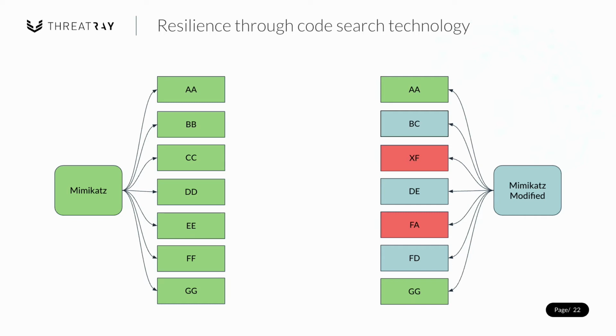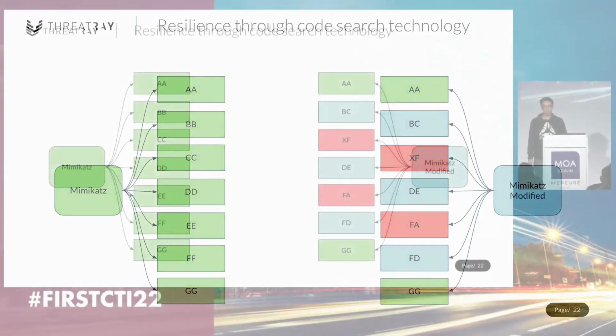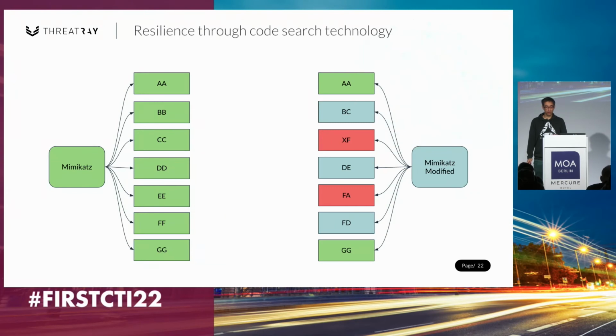We have modified strings. We have modified some specific functions from the modified Mimikatz, but we are able to detect it almost in the same way. Why? Because we don't care about strings when we do code signatures or identification. The strings are not important. In this example, there are some functions that match perfectly.